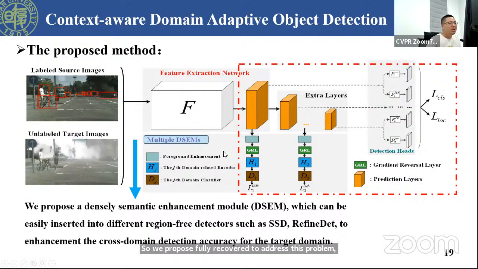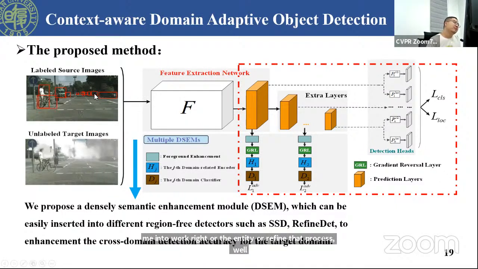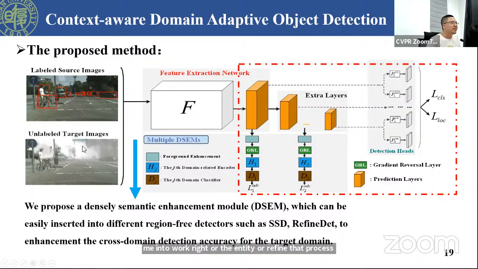This framework is based on a single-stage object detection network like the SSD or RetinaNet. First, a labeled source image and an unlabeled target image with quite different context or background are both fed to a feature extraction network.